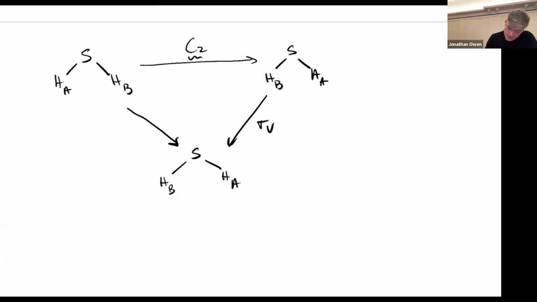So this C2 followed by a sigma V, there's also an operation that takes this molecule as drawn in the upper left and puts it down here. What operation is that? Sigma V prime? Yeah, it's sigma V prime.